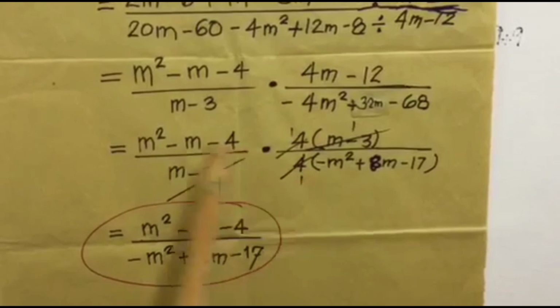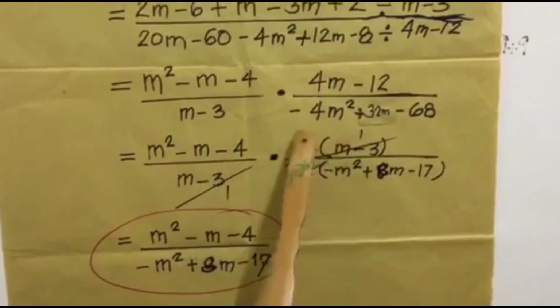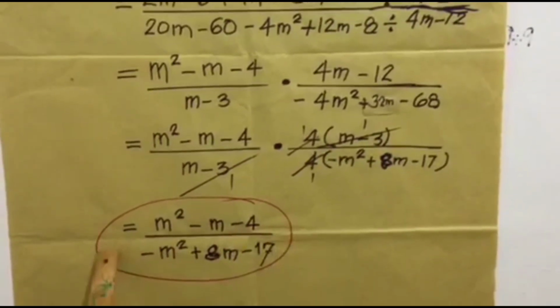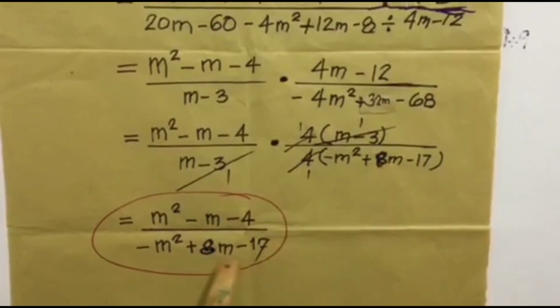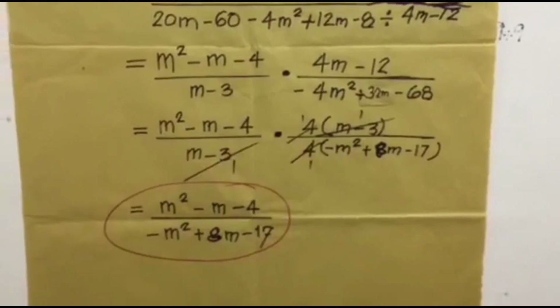The remaining we're going to multiply: m squared minus m minus 4 times 1 times 1 equals m squared minus m minus 4, all over negative m squared plus 8m minus 17. This will be our final answer.